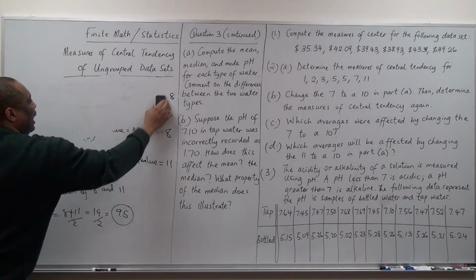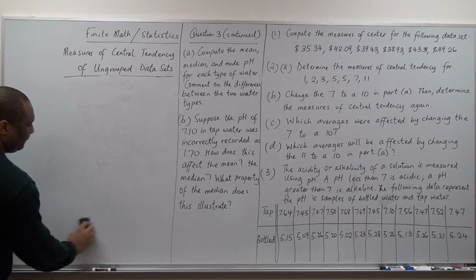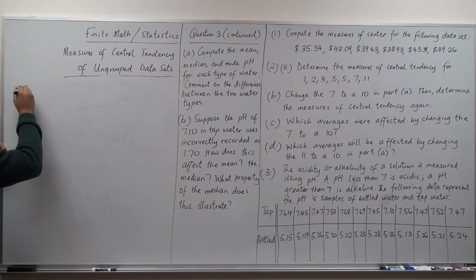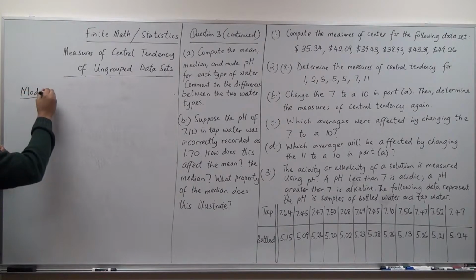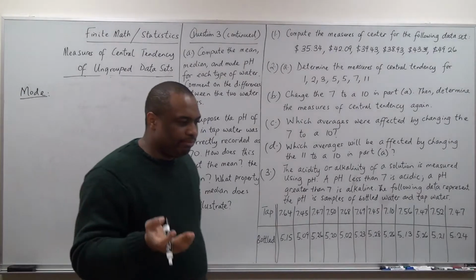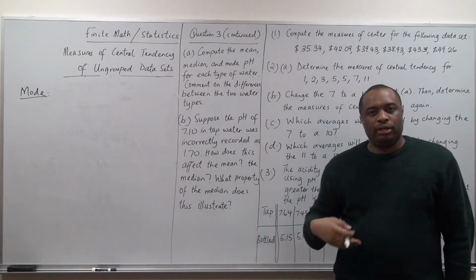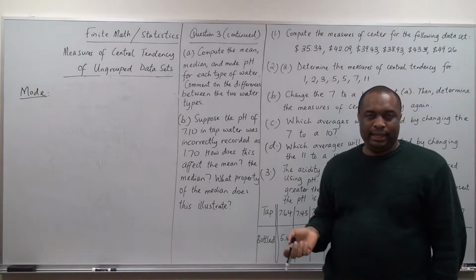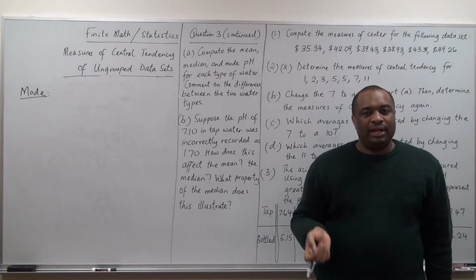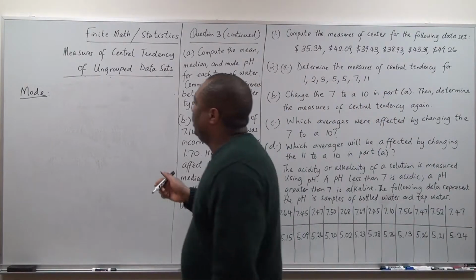Okay, now the mode. The mode of a data set is the measure of central tendency value that occurs most frequently in the data set, or the value that has the highest frequency. Okay?